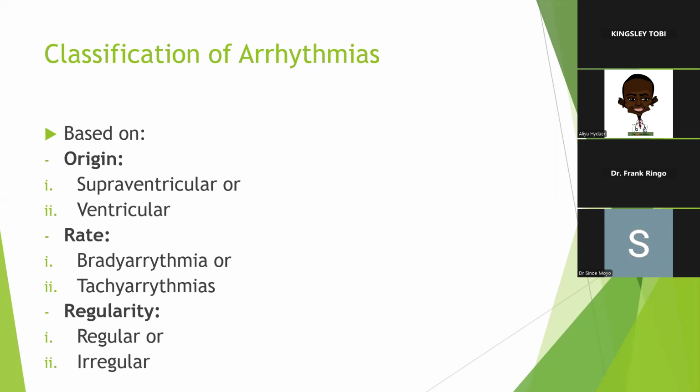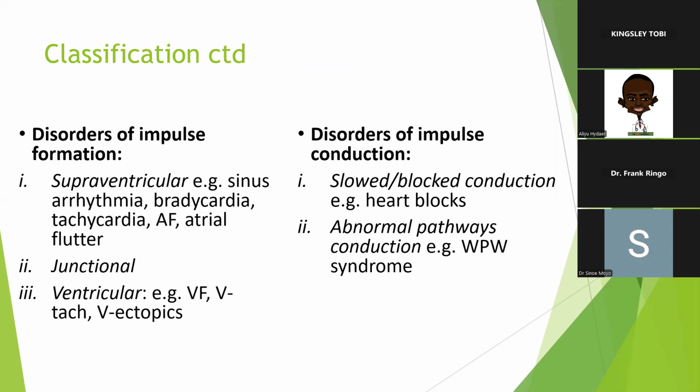Arrhythmias can also be classified based on the rate, whether it's low, less than 60, which is bradyarrhythmia, or high, above 100, tachyarrhythmia. We also can categorize them based on regularity, looking at the RR intervals, whether regular or irregular. And some arrhythmias, like AF, can be irregularly irregular.